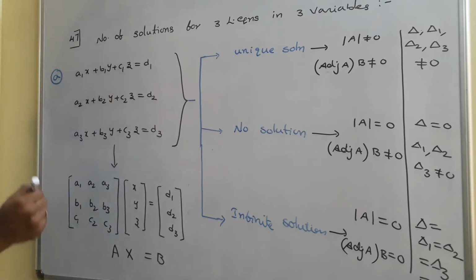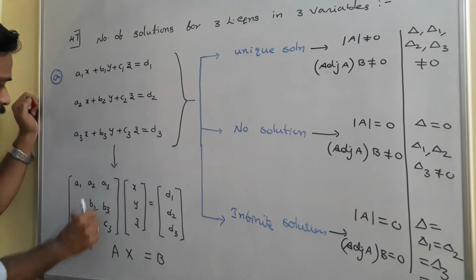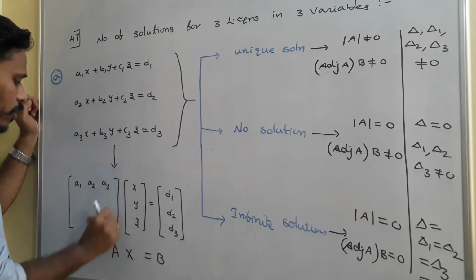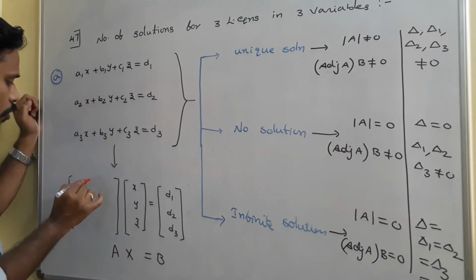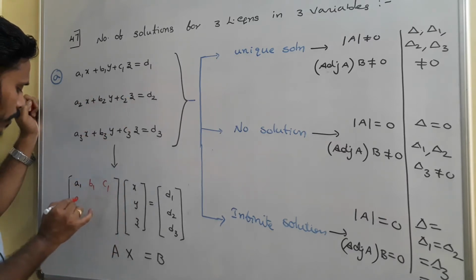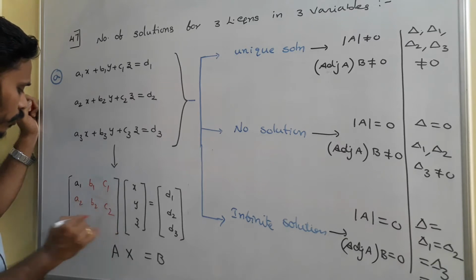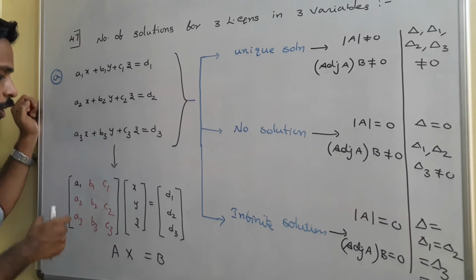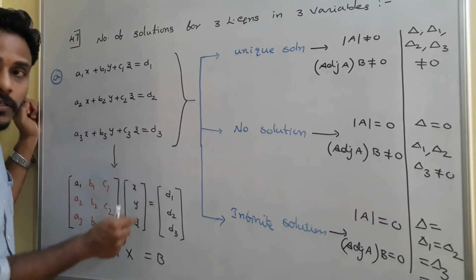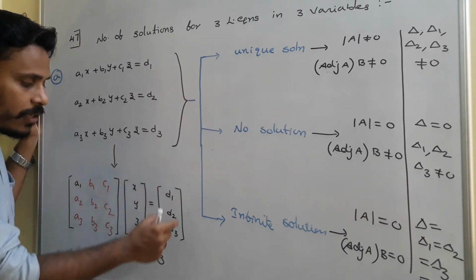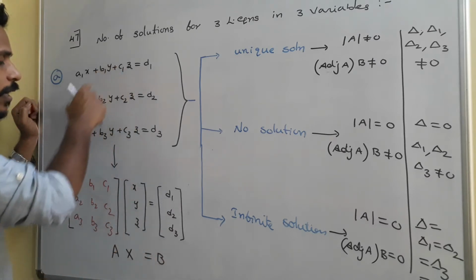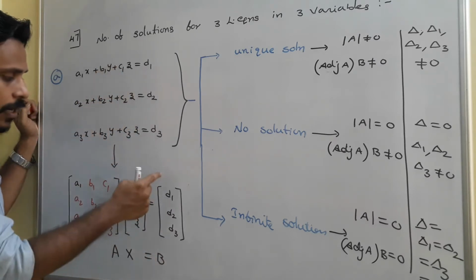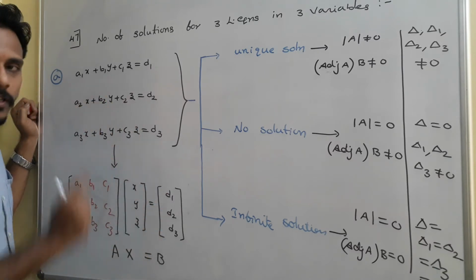Just a minute, I need to write a1, b1, c1 in the row, not like this, because if you multiply these two, you must get the same equations. So a1, b1, c1, a2, b2, c2, and then a3, b3, c3. So this is the coefficient matrix, this is the variable matrix, and this is the constant matrix. If you multiply these two, you will get the same equations on the left side, and you equate it to the constant matrix.